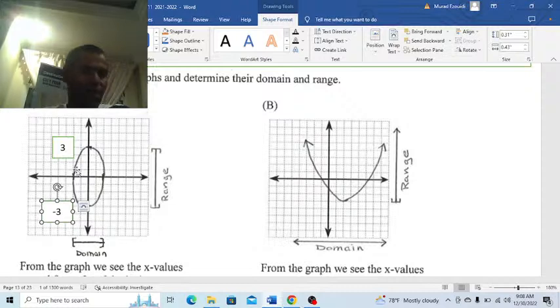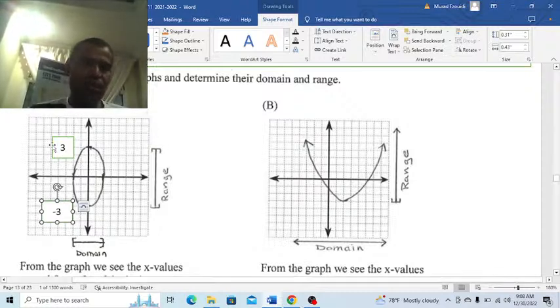Now learners, you can see this is the range. Therefore the range is what?